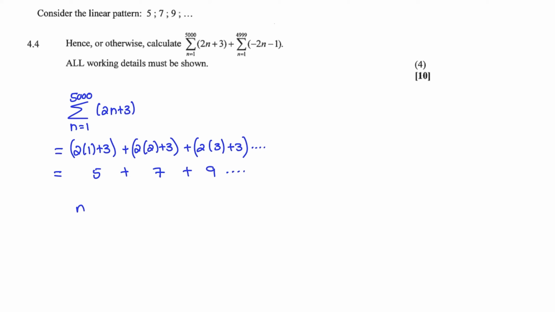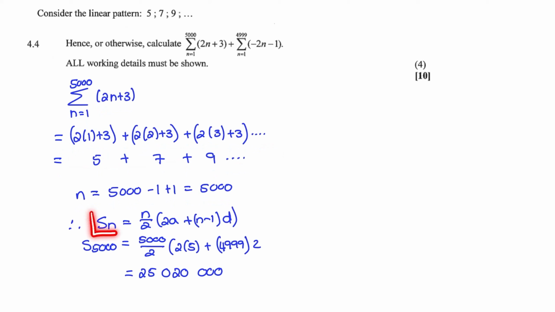Also, what I need to establish is the number of terms in this pattern. And the number of terms in this pattern is the top number of the sigma notation minus the bottom number plus 1. So it's 5,000 minus 1 plus 1. So there are 5,000 terms in this series.